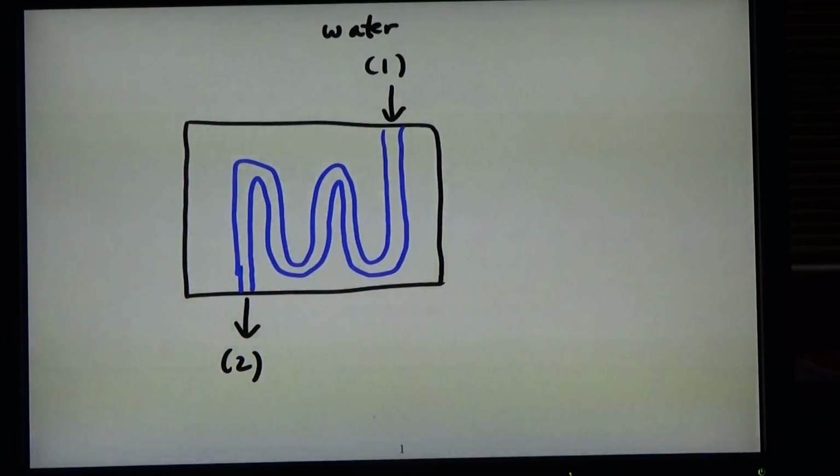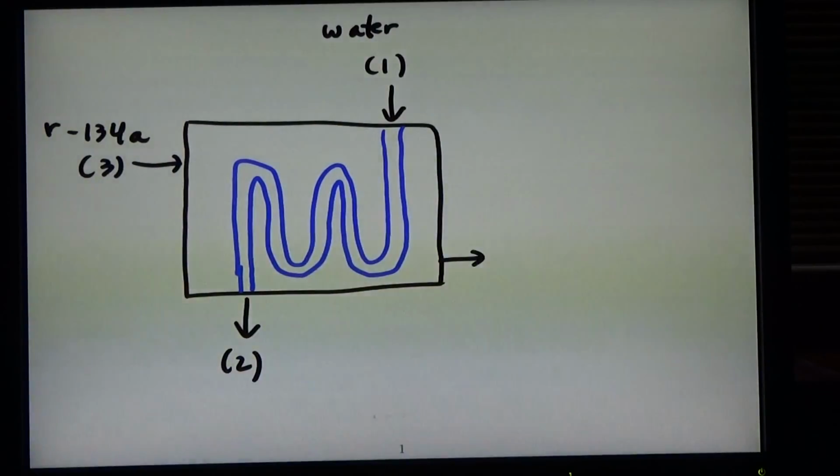So water is the one that's in the tube, and then we'll say R134A is the one that's in the shell, the outside part. So R134A, it comes in, and we'll call its inlet 3, and its exit 4.